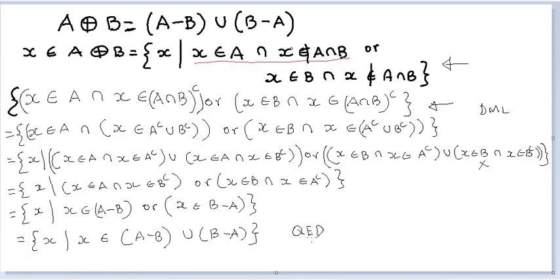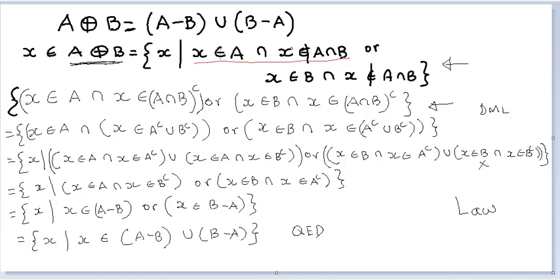So you have to know all the laws that we used to go from the basic definition. We took the basic definition of the symmetric difference of A and B, and then we expanded to prove that if an element X belongs to the set difference of A and B, it also belongs to A minus B union B minus A. So that is one proof we have.